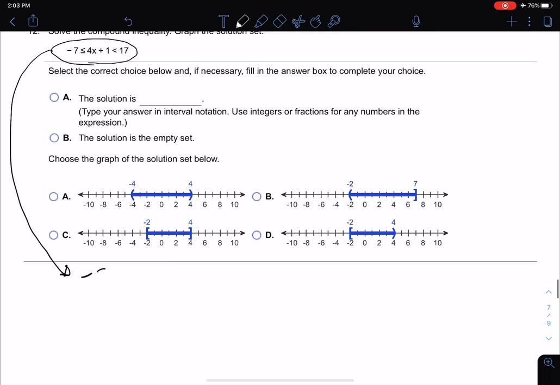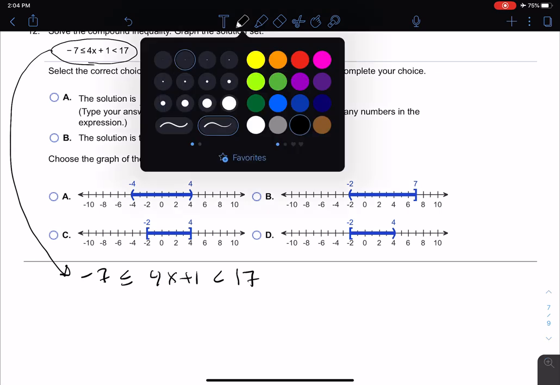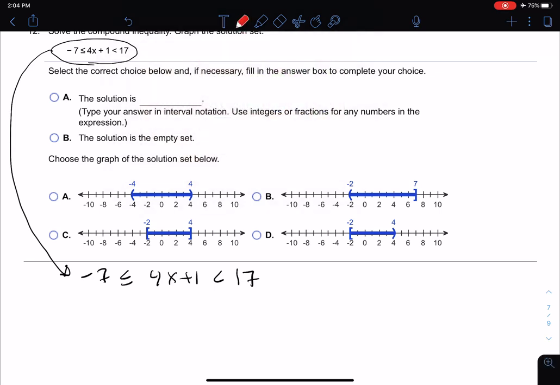So we've got a negative 7. In the middle, we have 4x plus 1. So with equations, to keep an equation balanced, whatever you do on the left, you must do on the right. Well, in this case, you don't have a left and right.